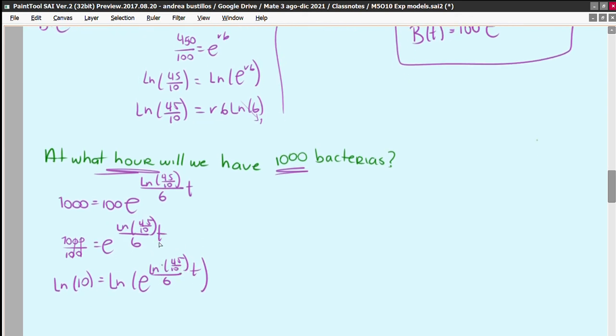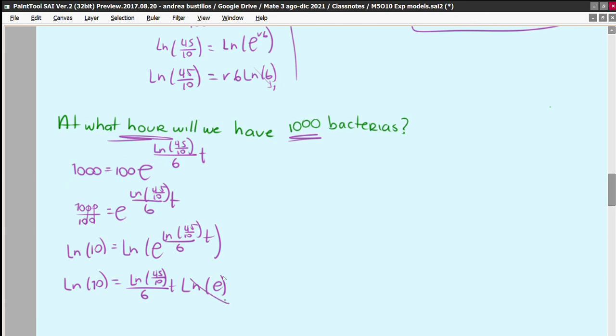Now, I can pull down that entire exponent. It doesn't matter if that exponent has already logarithms inside of it. It doesn't matter. So this is natural logarithm of 10 equals the entire ugly looking exponent times ln of e.